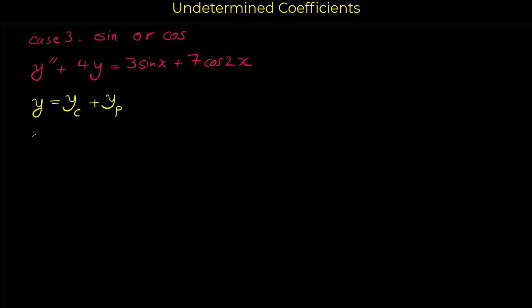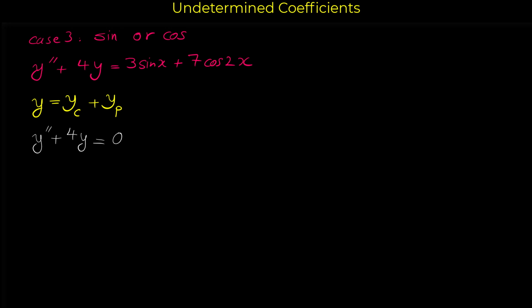So, for finding y complementary, we have to find y from this homogeneous differential equation. But the y particular is the part of the solution that is related to the right side of the equation. First, we have to find the complementary solution. If you don't know how to find y complementary, watch my video about solving homogeneous differential equations.